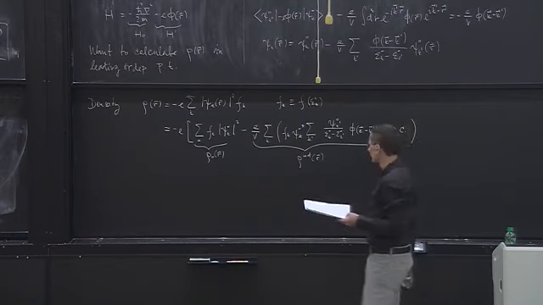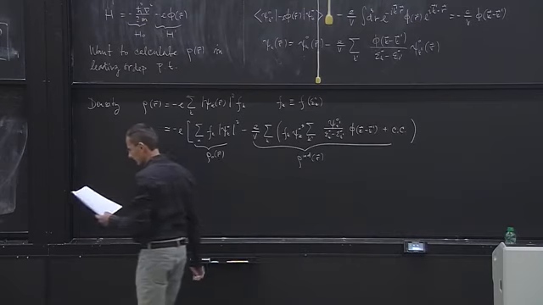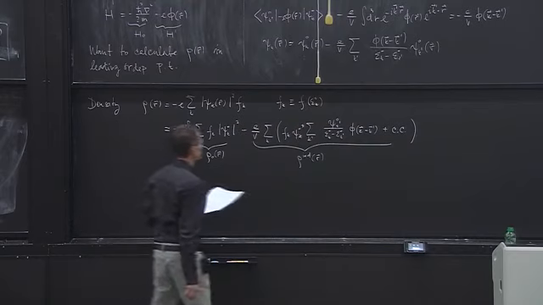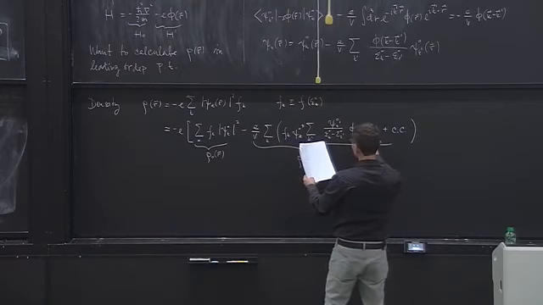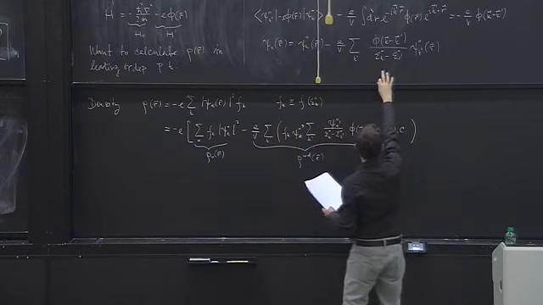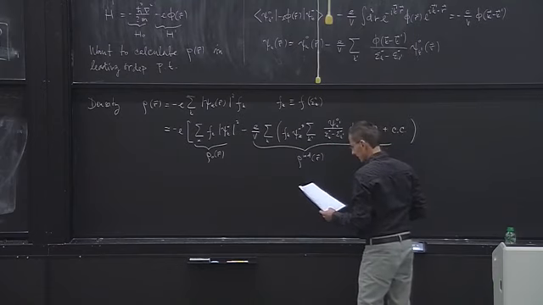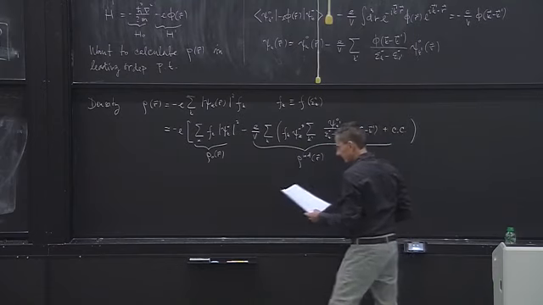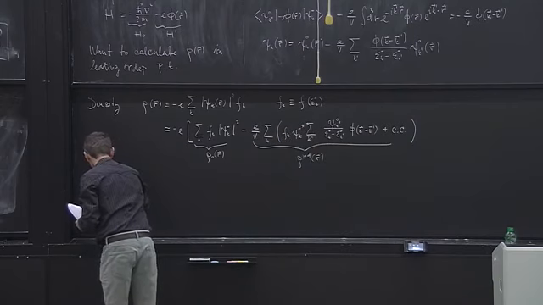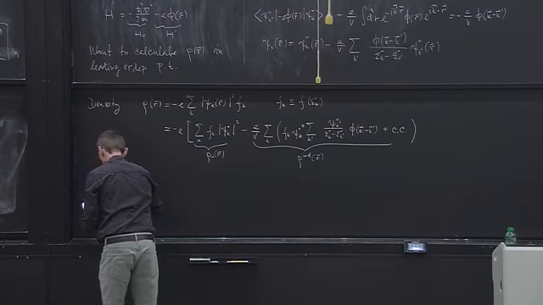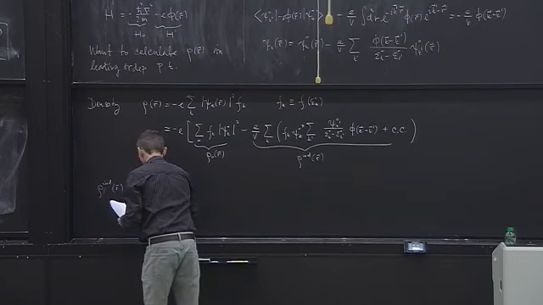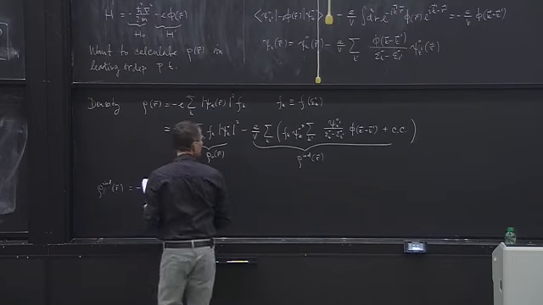Questions? No questions. Good. So let me just continue. Just focusing on this piece, I'm going to put in the explicit form for these wave functions as well as the energies that are listed up there. And what I obtain is the following: rho induced of r is then minus e squared over V, sum over k, k prime.